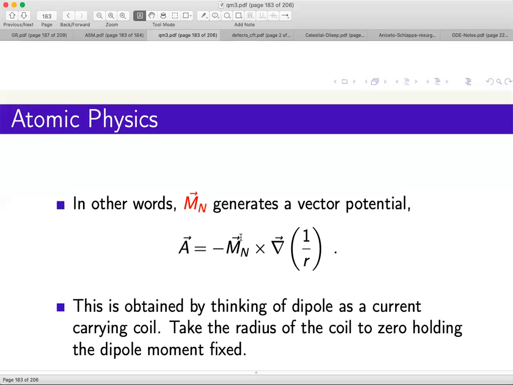The reason why this quantity is small is that the electronic magnetic moment is proportional to 1 over the electron mass, whereas the nuclear magnetic moment is proportional to 1 over the proton mass, which is 1836 times larger than the electron mass. So the magnetic moment for the nucleus is very small.